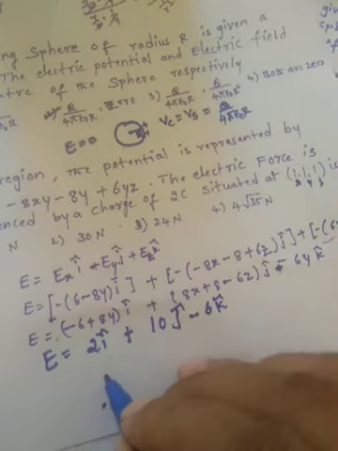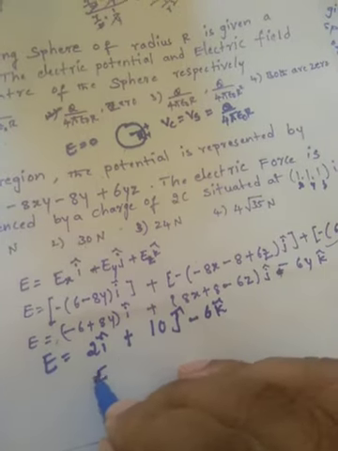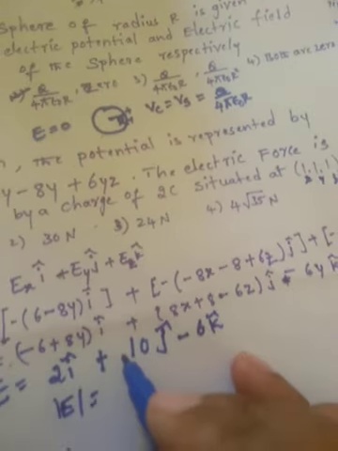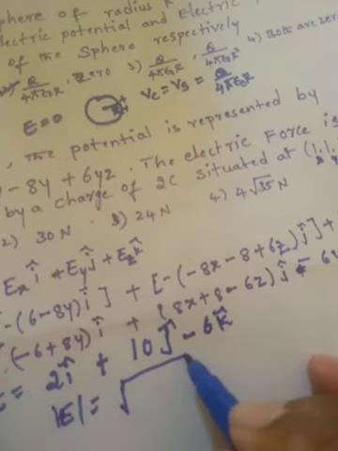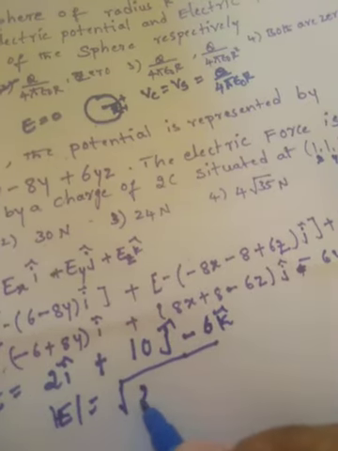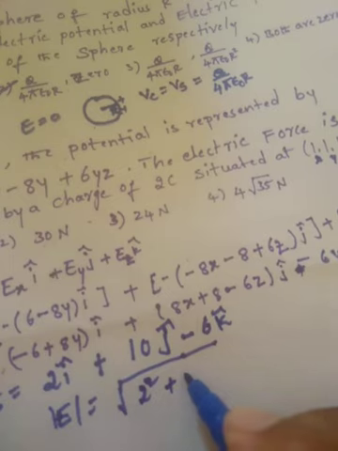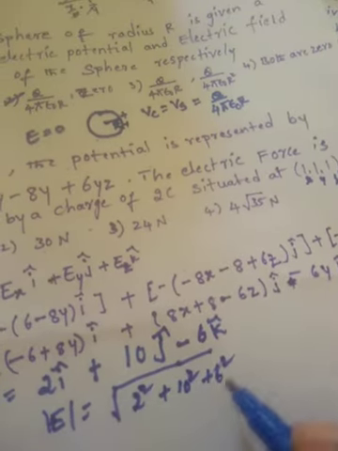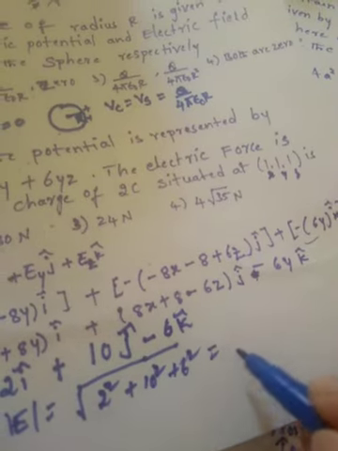To get the E value, the magnitude of E, we'll go for the square root of 2 square plus 10 square plus 6 square. Total what will we get?